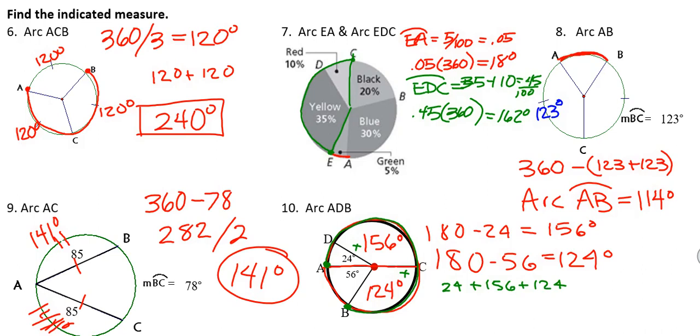Or we could take everything but this piece of the pie right here. So we could do 360 minus 56. That would also give us our answer. The third and final way is I notice that I have half the circle here. So I could also do 180 plus 124. No matter which way you choose this, your answer is going to be 304 degrees.